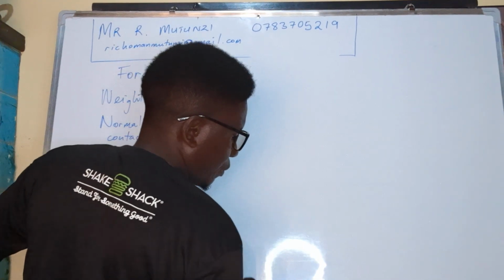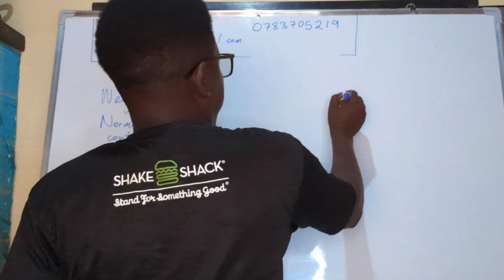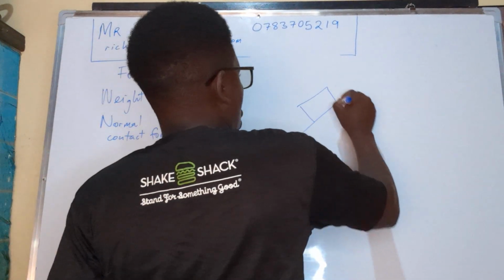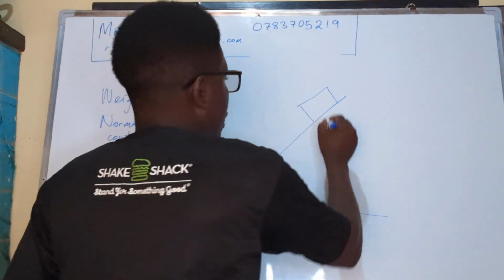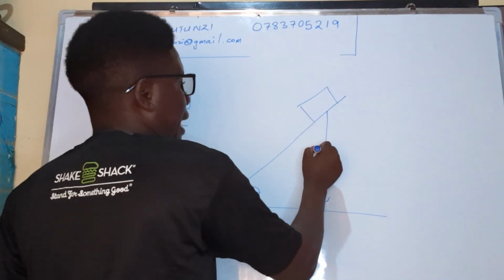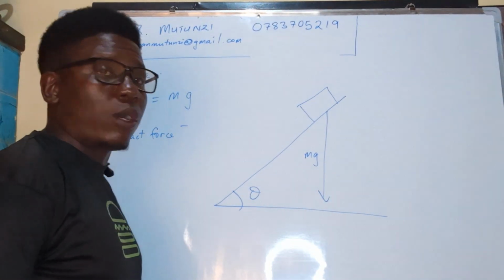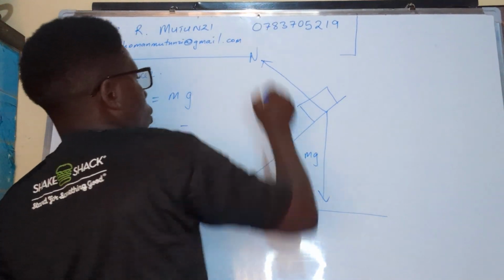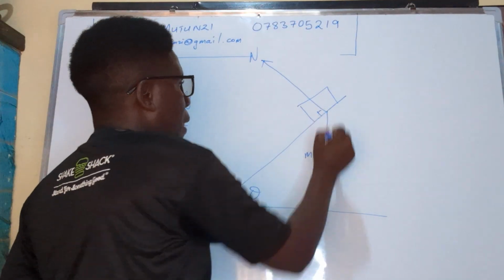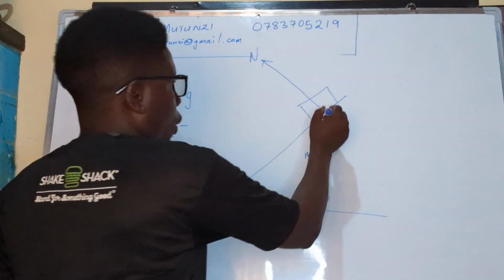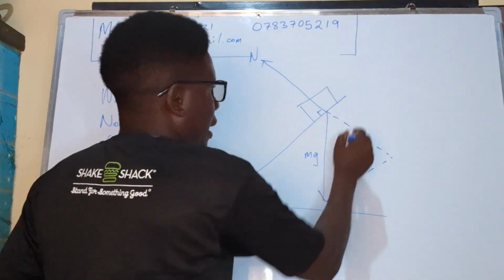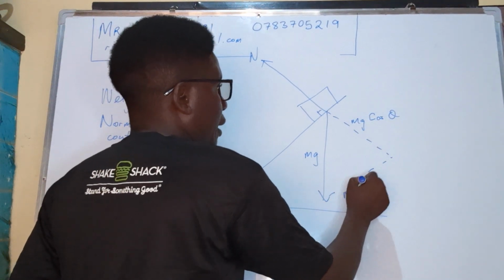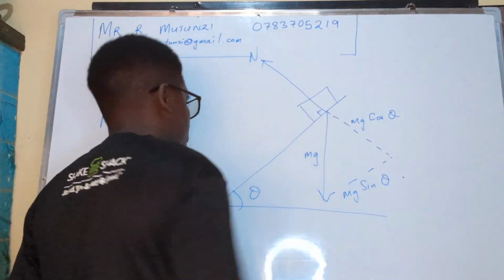So again, if we have that body resting on a rough surface, of course, we've talked about mg being the force that acts vertically downwards, and we have also talked about the normal or reaction force, which acts perpendicular to the surface. We also talked about mg cos theta and mg sine theta.